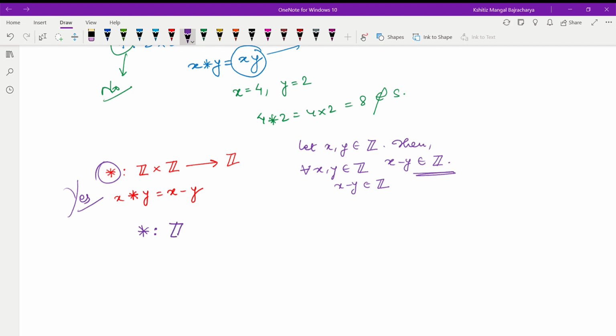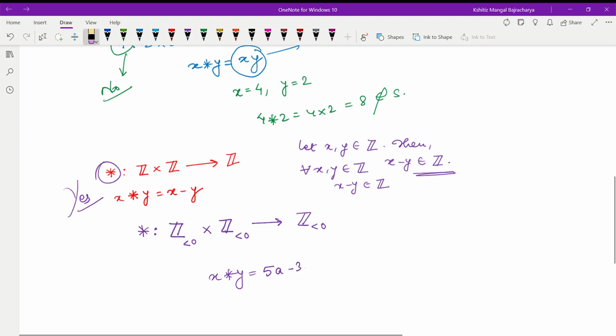Let's take the set of negative integers and define a relation like this, where x star y is equal to 5x minus 3y. Now, we're going to show that this is not a binary operation.